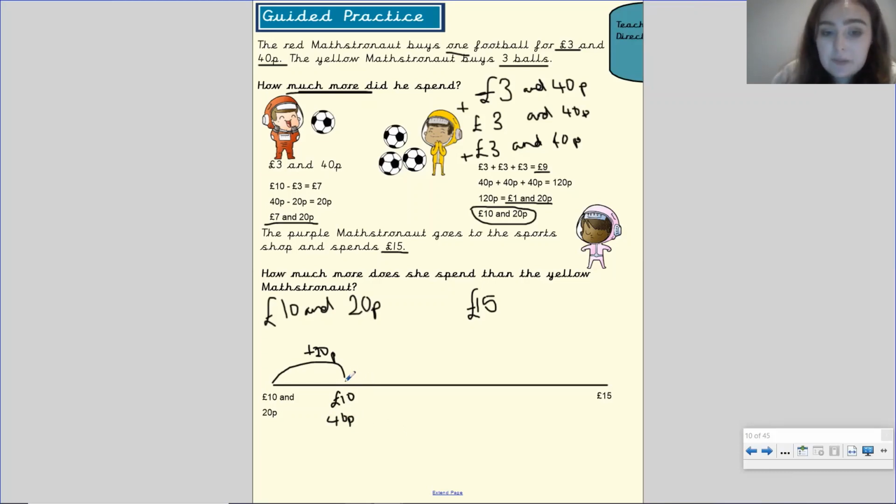So I'm going to add another 20 pence because I think it'd be easier to go up in 20s. So then add another 20 pence, which would get me to £10 and 60 pence.